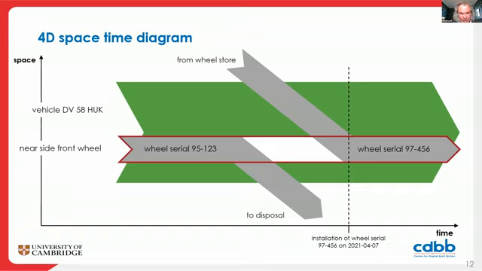First of all, the near side front wheel for an Opel actually has properties. That is a class which has allowed ranges of tire pressures. So it's something which is a very physical thing.